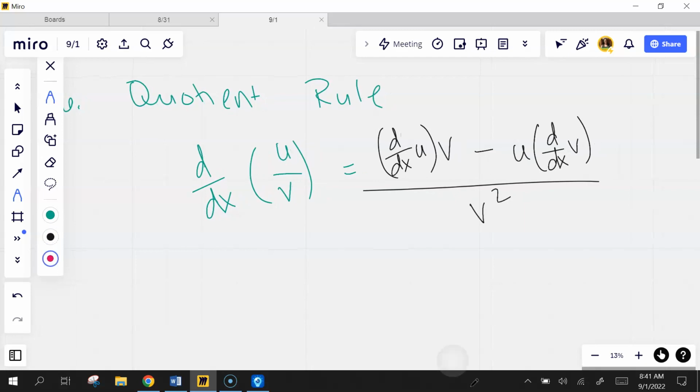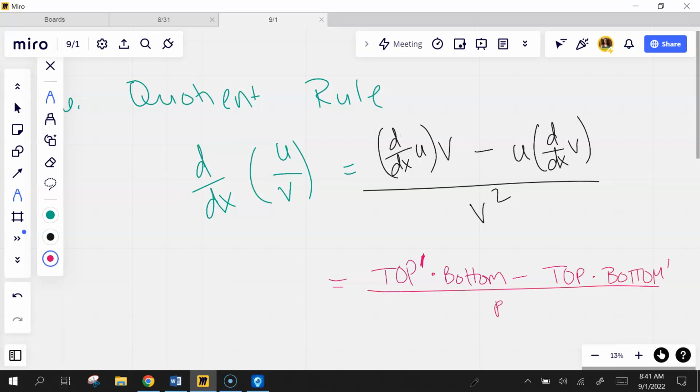Now, if it confuses you like this, I'm going to say it like that so you know. Derivative of the top times the bottom minus top times derivative of the bottom, all over bottom squared.